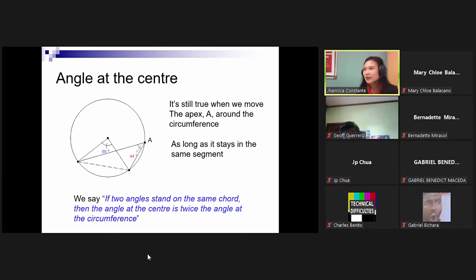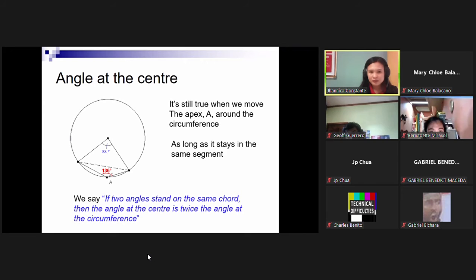So if the angles, for example this one, stand on the same chord, then the angle at the center is twice the angle at the circumference. So for example, this one, our angle that we have is this one.